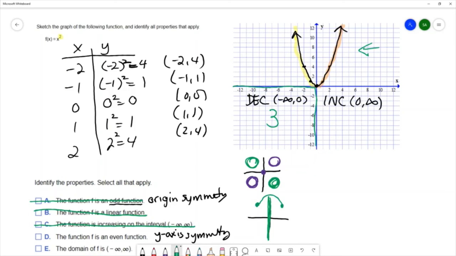The graph that we have here, if we draw a line along the y-axis, you can see that you have a mirror image on the left and right of that y-axis. So we would check this property to be true.